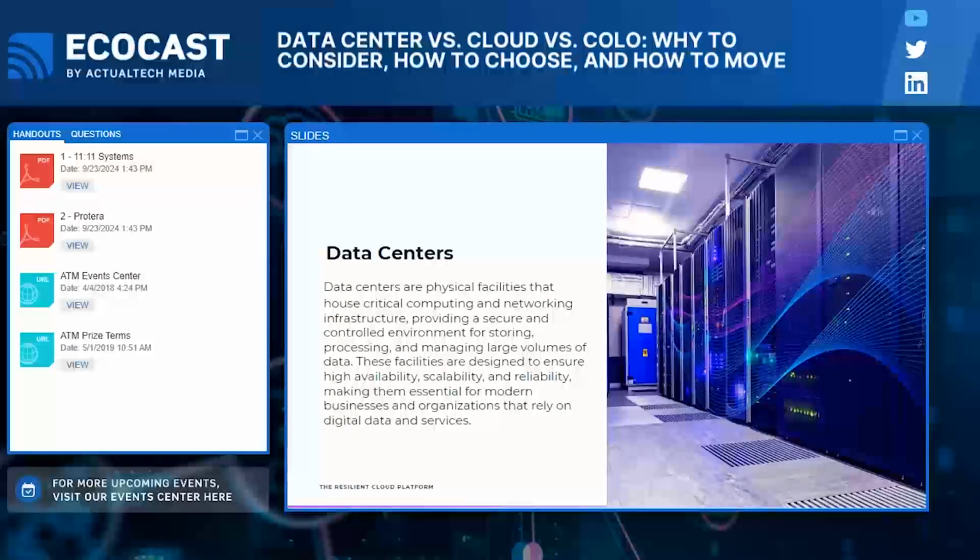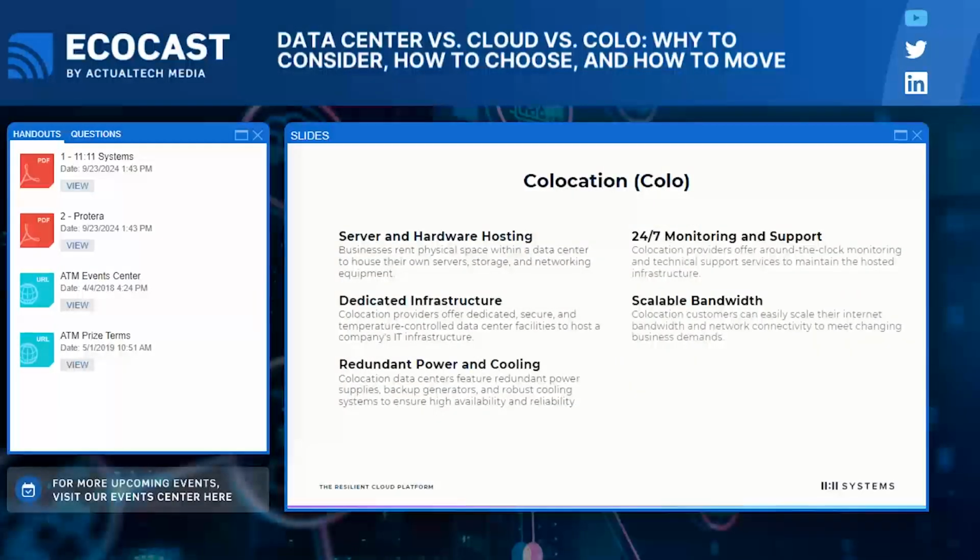So let's move on to the next option. So here we have co-location. Choosing co-location as your data center strategy is ideal for organizations that need a balance between control, cost efficiency, and scalability. And they want that without the burden of fully owning the responsibility of that data center.